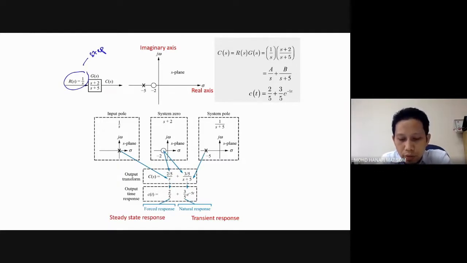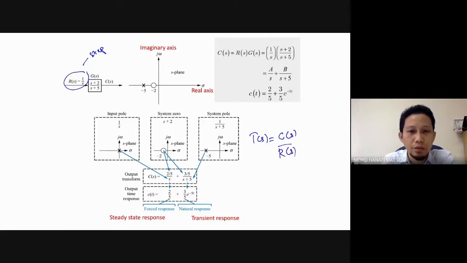When we are trying to find the output, remember the transfer function. I don't want to use G(s) because the system is G(s). So let's say our transfer function T(s) equals C(s) over R(s), output over input.